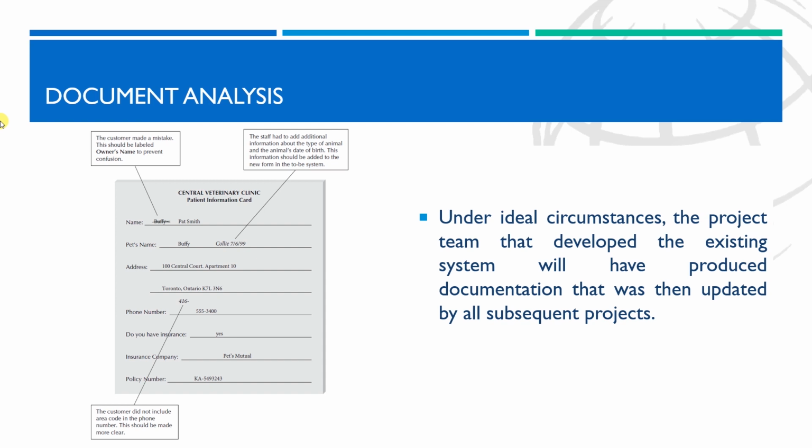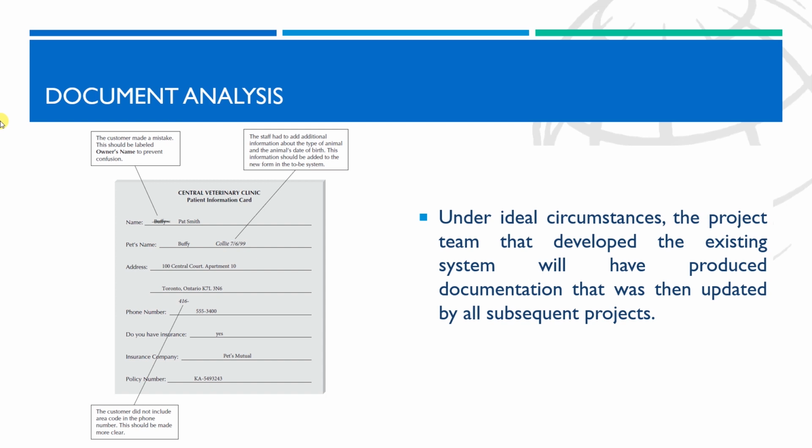Unfortunately, many systems are not well documented because project teams fail to document their projects along the way, and when the projects are over, there is no time to go back and document. Therefore, there might not be much technical documentation about the current system available, or it might not contain updated information about recent system changes.